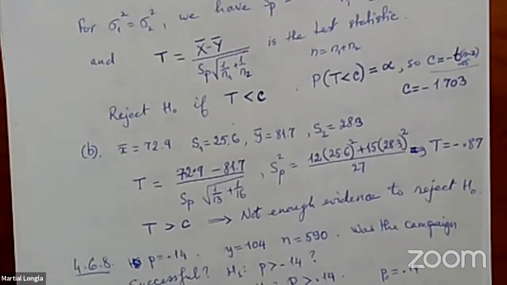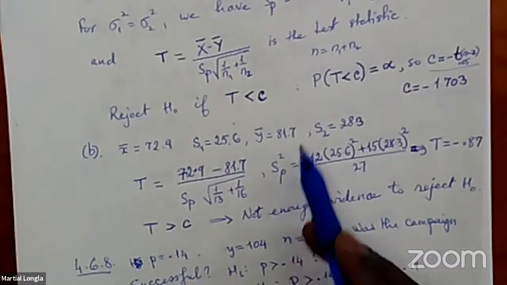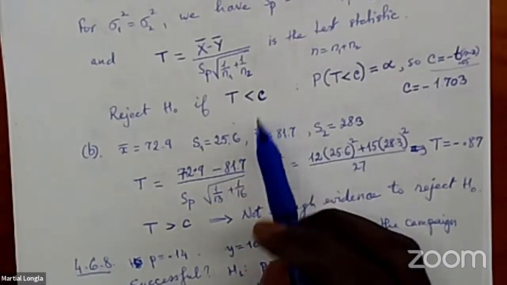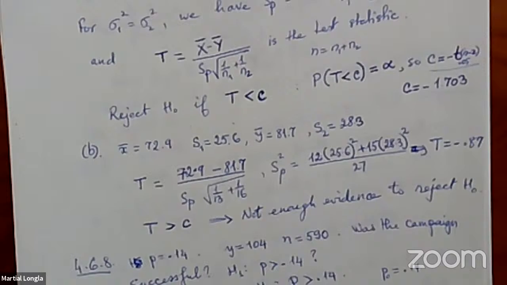What happens if t and c are equal? You reject if you have t strictly less than c. And it's really a very rare case to be thinking about.